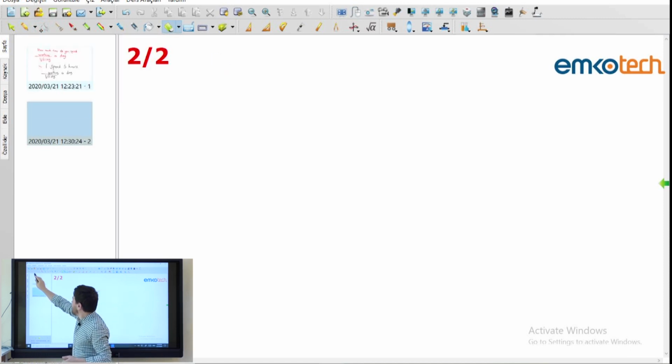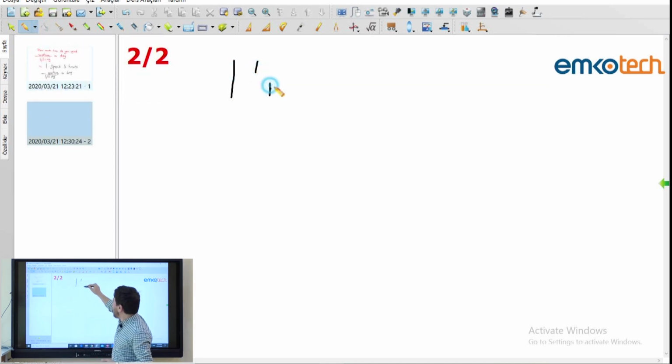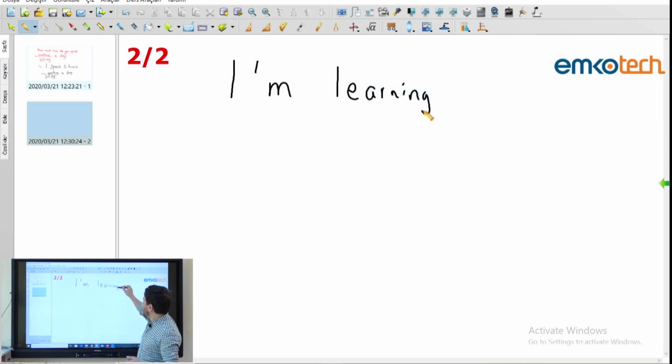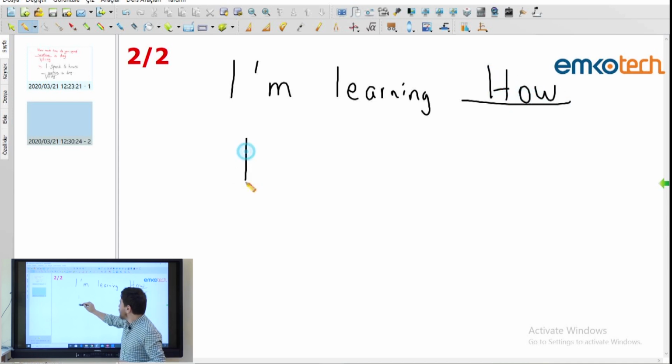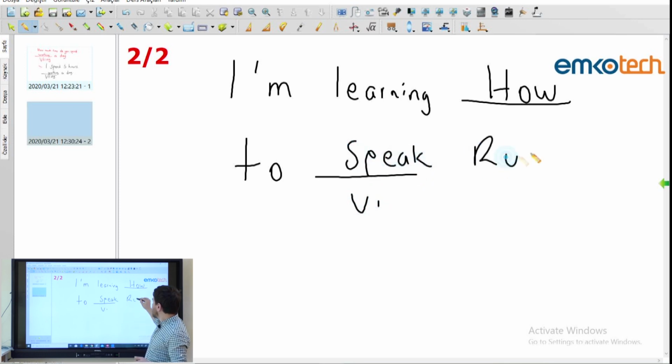I am learning, for example, at the moment, I am learning, the question word is how, followed by to infinitive, how to speak Russian.